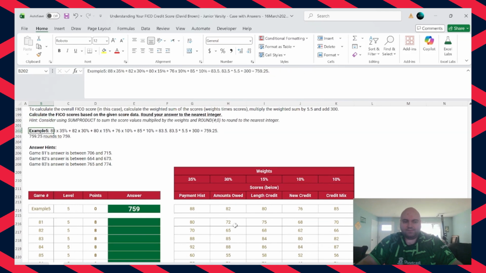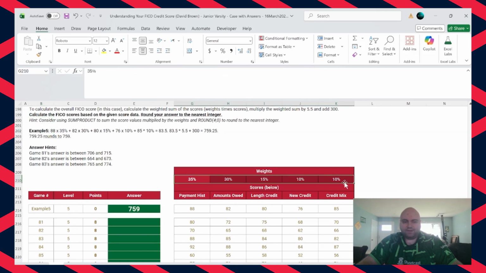And for the example, here are our weights, here are our values, 88 times 35%, 82 times 30%, and so on. We get this result, 83.5. 83.5 times 5.5 gives us something else, and then we add 300 to get 759.25 and round it to the nearest integer.